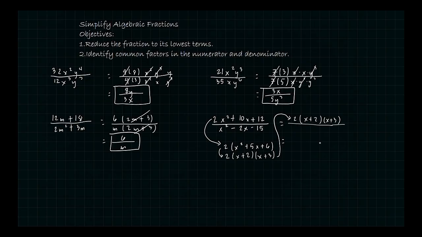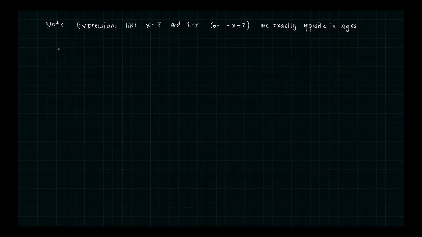For the denominator, x squared minus 2x minus 15, this factors into (x minus 5) and (x plus 3). Cancel out the common factor x plus 3 and we have 2(x plus 2) over x minus 5, our final answer. Moving on to our next problem.